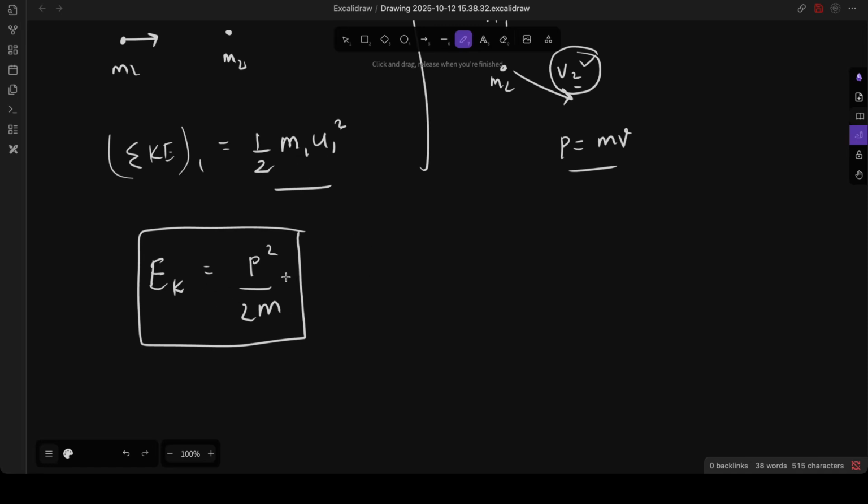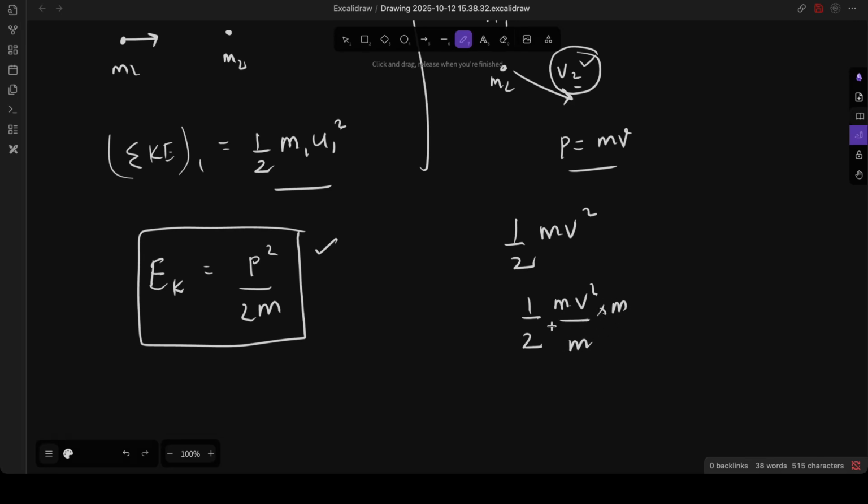Now the question can be how do we get this formula? It's very simple. The formula is half mv squared, and if I just multiply and divide by m, I get v squared upon m into m.